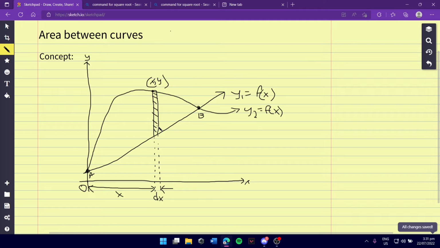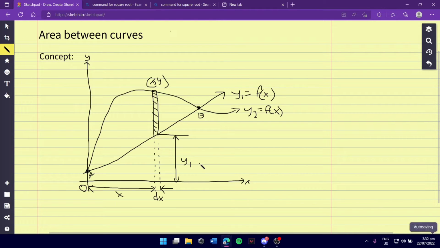Since it is finding the area between curves, we have two heights. So from the first line, from your y1 down to your x-axis, this is called your first height. Since it is from y1, we will call this your y1.